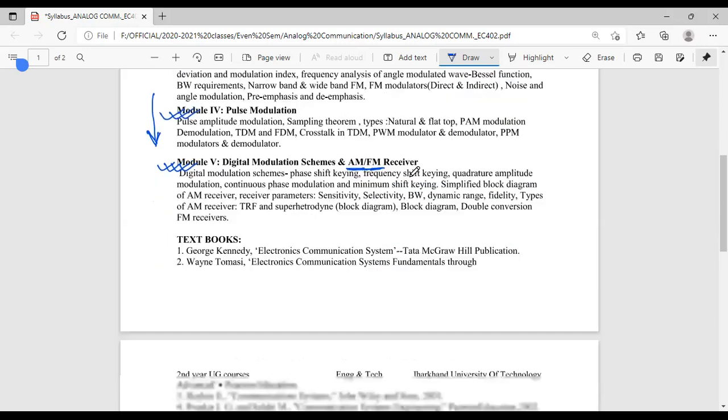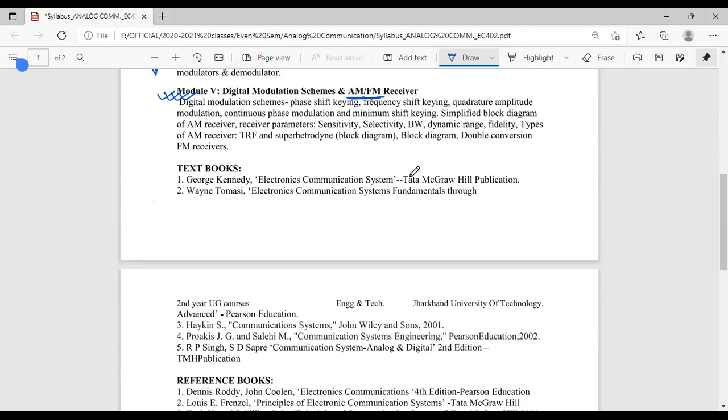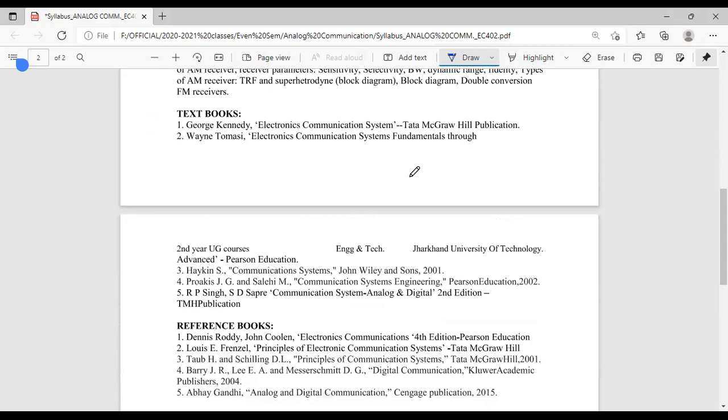And the textbooks, you can see here that some textbooks are given, as well as some reference books in your syllabus. George Kennedy, all of these are foreign writers' books. Yes, the last one, the fifth one, R.P. Singh and S.D. Sapre, you can follow this book also.